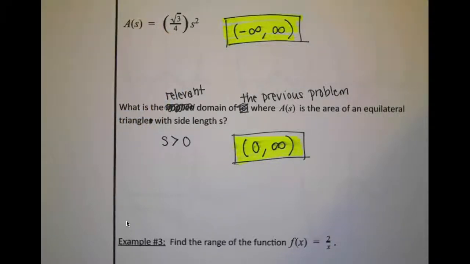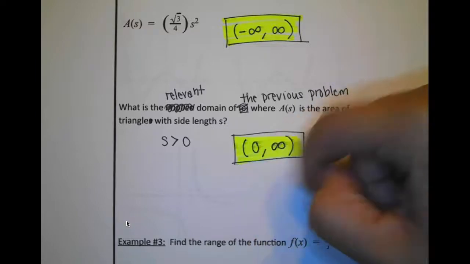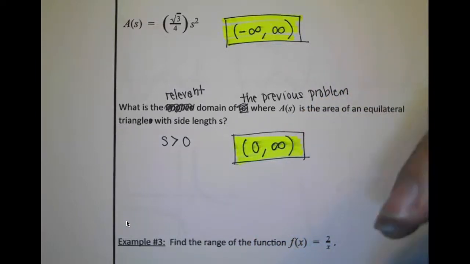What is the relevant domain of part C, the previous problem, where A of s is the area of an equilateral triangle with side length s? Now, if you think about it, you can't have a negative side length. It has to be positive, so it can't be negative and it can't be 0. s has to be greater than 0. So my relevant domain is going to be 0 to infinity. The number can be as big as we want. It just has to be positive.